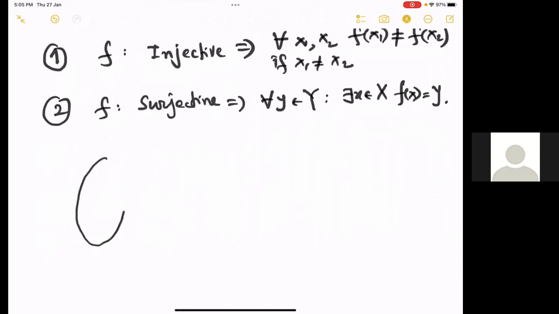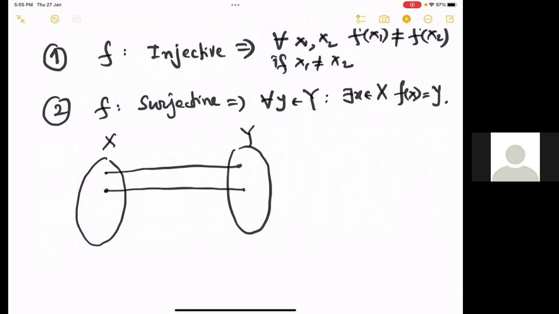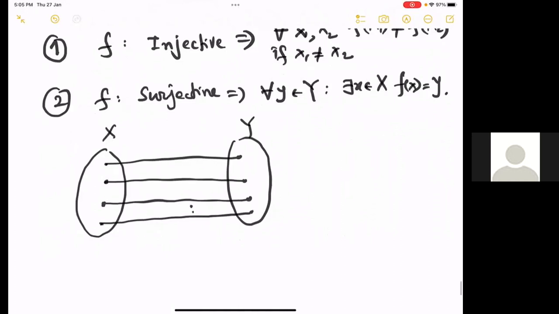It's intuitive, and this picture can help. So that means if you have a bijection, you just pair up the candidates. Okay, so I think all of us know it.